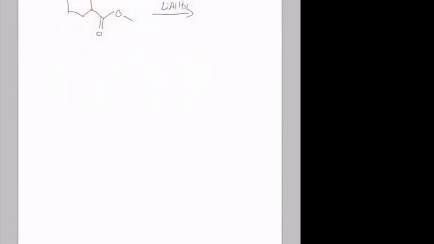That would only reduce the ester group, but leave alone this one, and then I can convert it back to a ketone by using dilute acid. So in this way, I've used this cyclic acetyl as a protecting group.